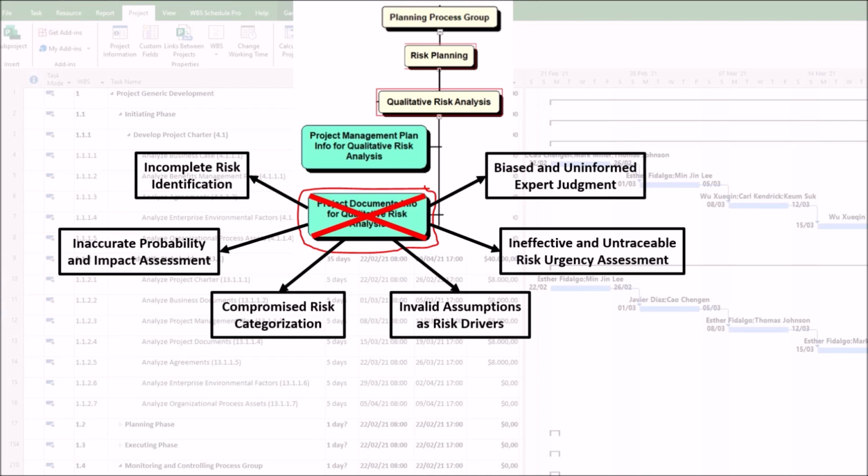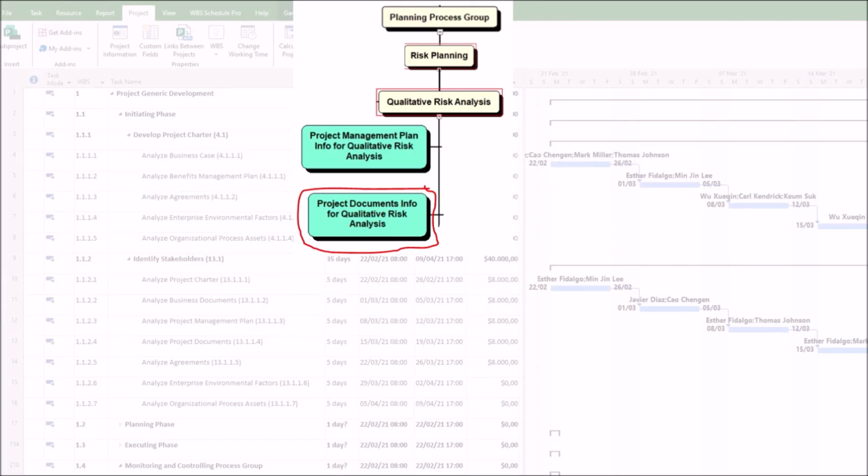In the PMBOK framework, Perform Qualitative Risk Analysis is fundamentally a process of information synthesis. It draws upon raw data from project documents, particularly the risk register, assumptions, stakeholder concerns, and project objectives, and applies expert judgment and assessment tools to transform that data into a prioritized list of risks.